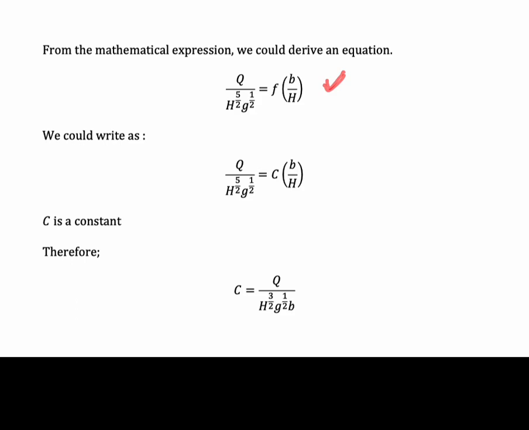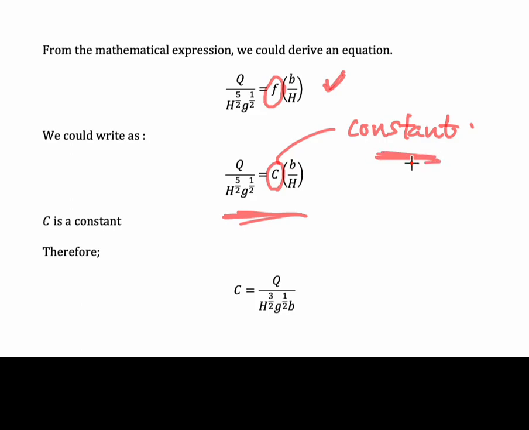How to convert it into an equation? We just replace the f here with a coefficient, or constant. So now it will become an equation, meaning q over h to the power of 5 over 2 square root g is equal to c times b over h.